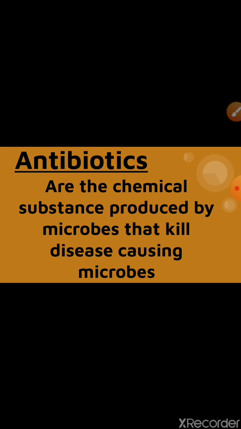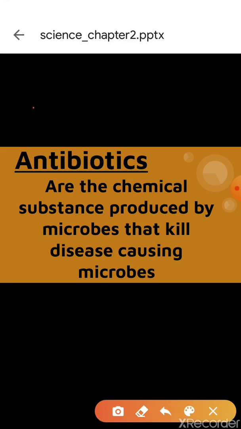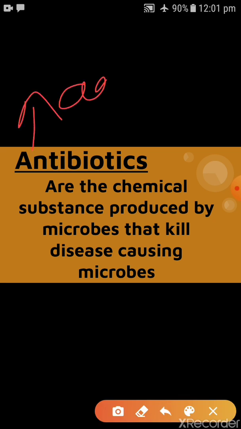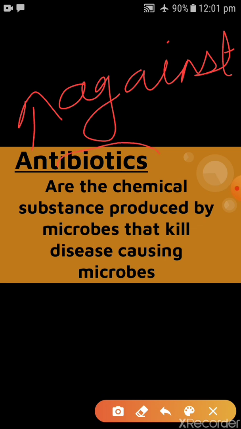Okay, so what is the exact meaning of anti? Anti means against, and biotic means life. So if we say these two words together, against life, it does not mean that we are talking about being against life.